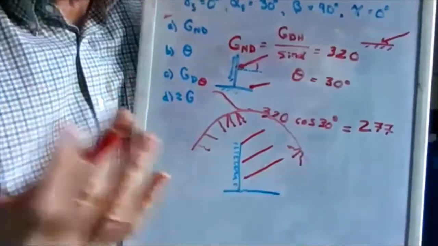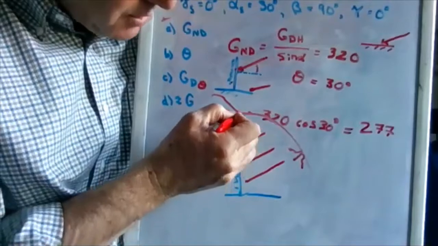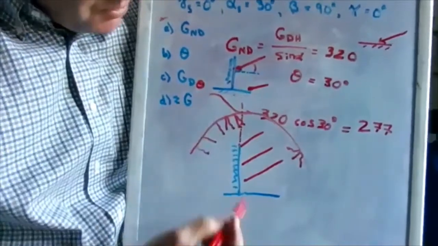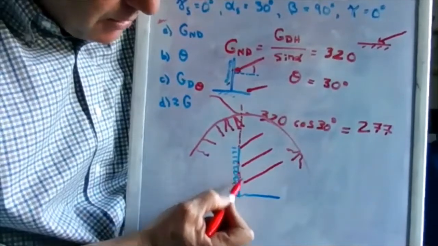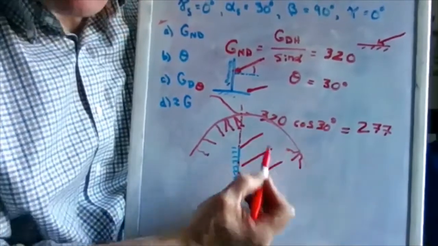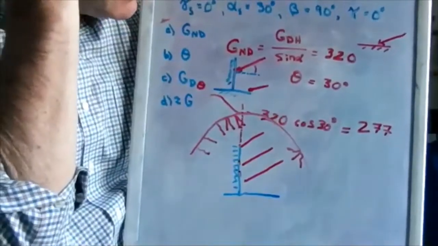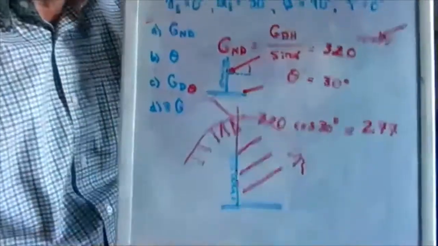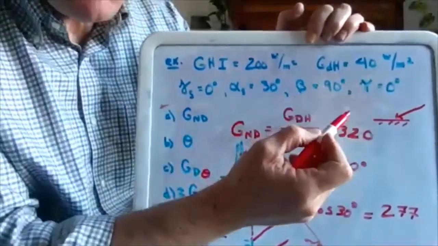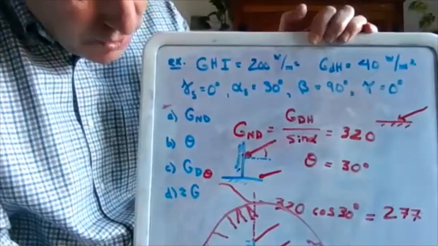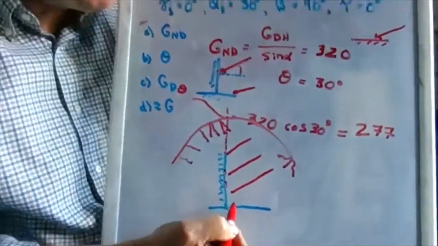So how could we approximate it? In this case, it's not so bad. You can see, hopefully, that this side of the surface is exposed to half the sky. So it's not an unreasonable approximation to say, taking a look at an earlier bit of information, the diffuse on the horizontal is 40, and that's exposed to the entire sky.